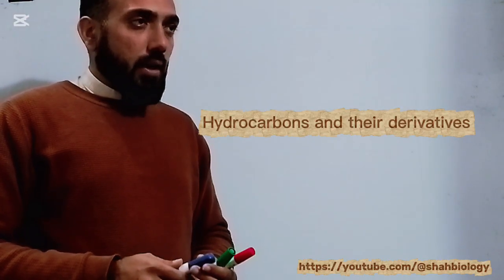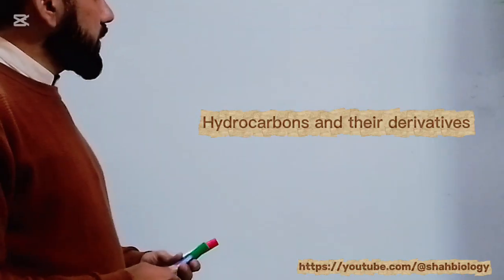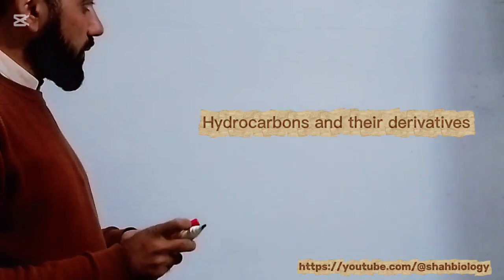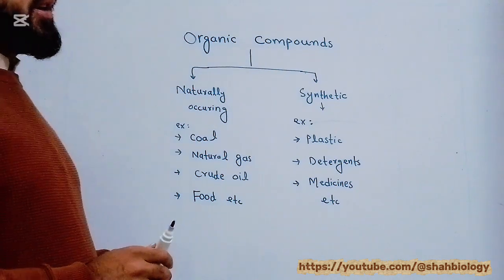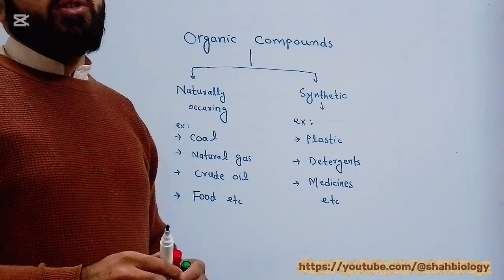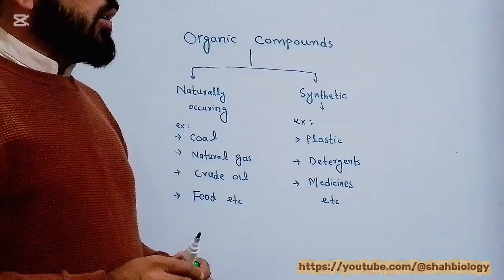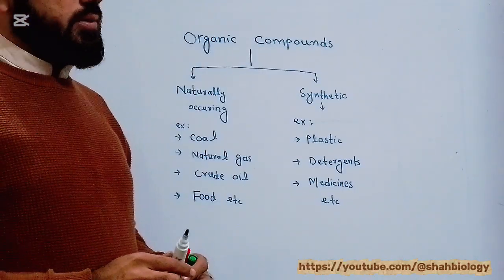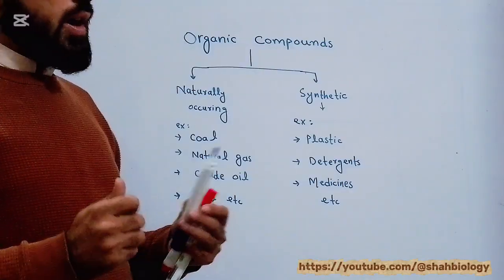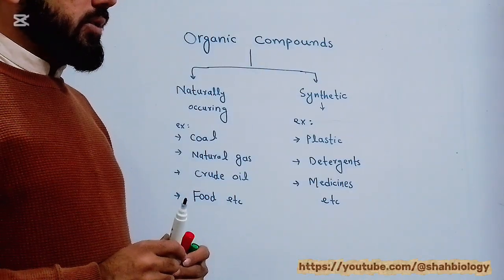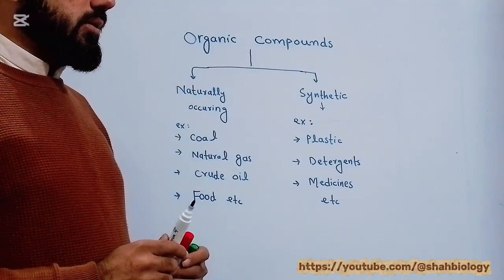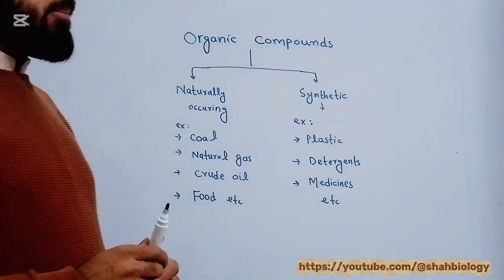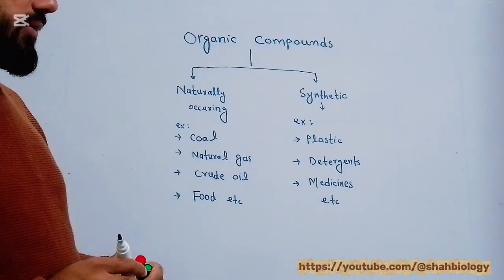So today I am going to talk further and in detail. Several million organic compounds are known today, and thousands of organic compounds are prepared every year. A detailed study of carbon shows that carbon is an element, but its compounds are in millions.